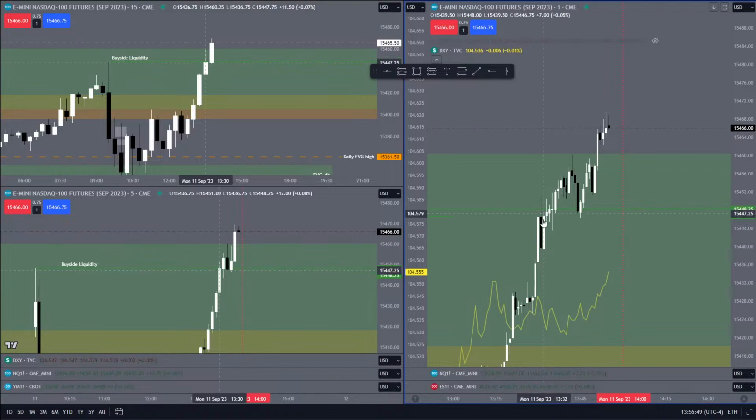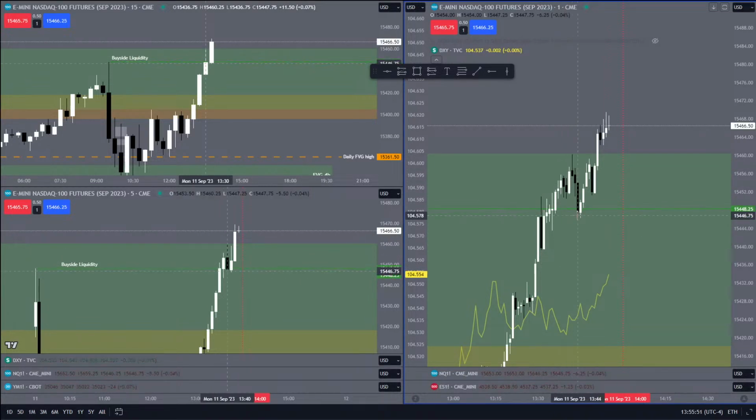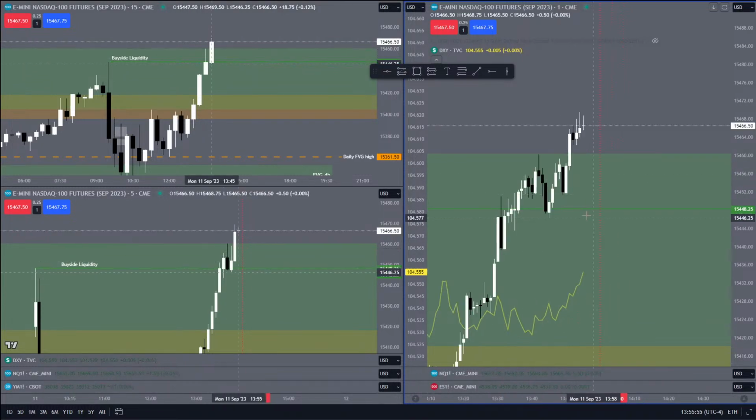You can see the down close candles are supporting price a lot better than it was in ES.